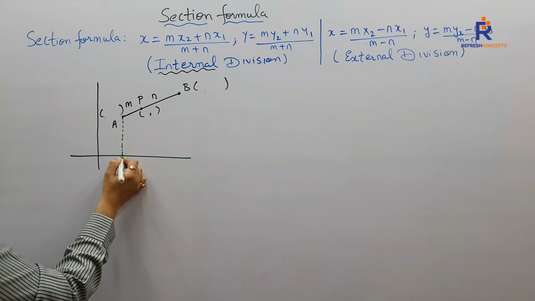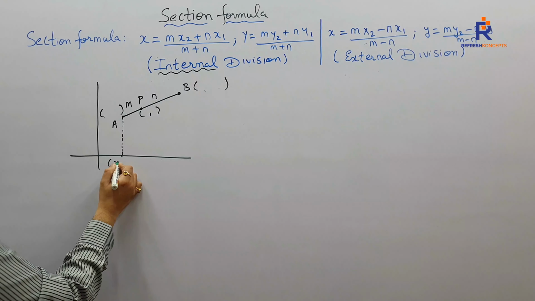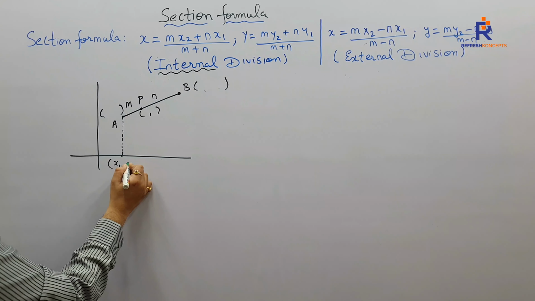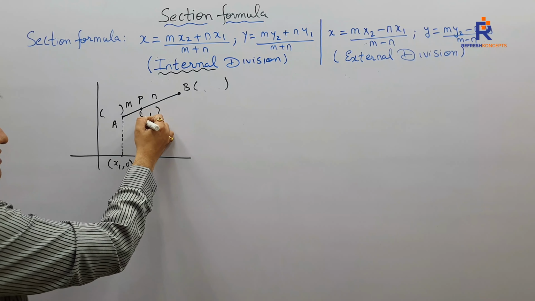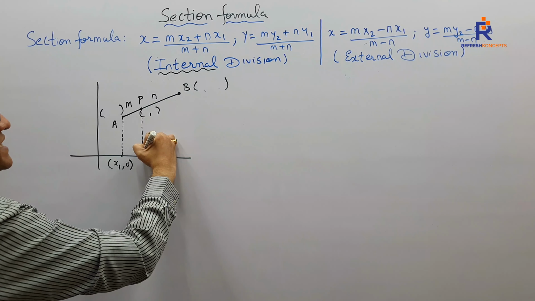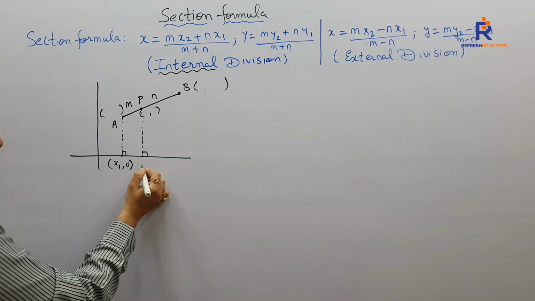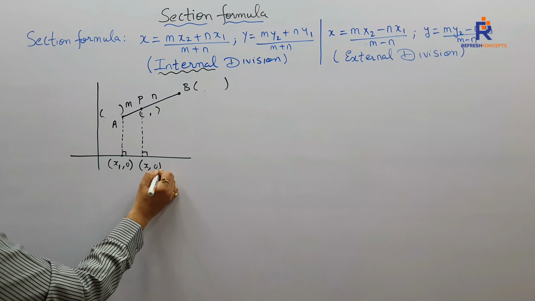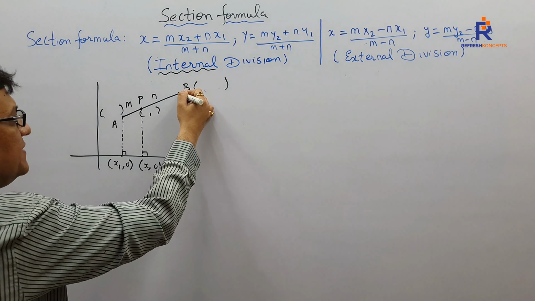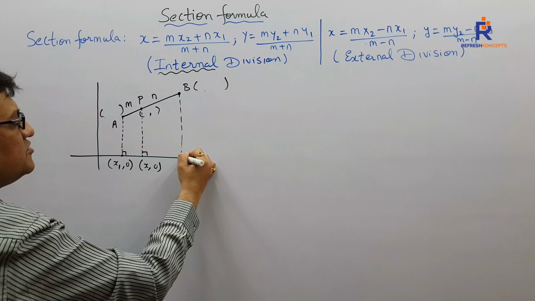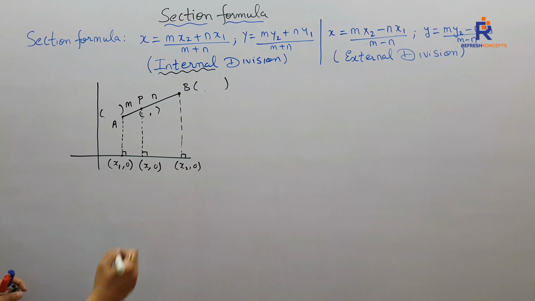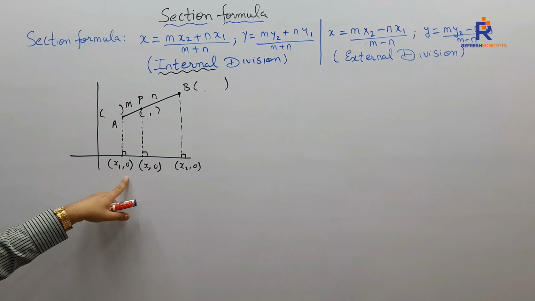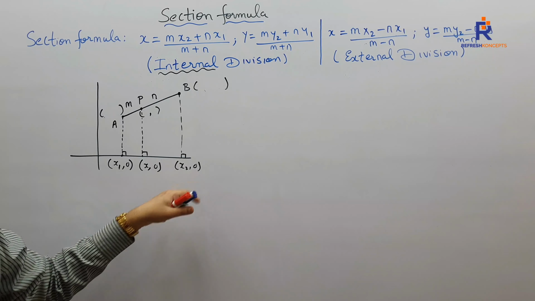This is going to be my x1, comma, since it is lying on the x-axis, the y coordinate will be 0. Let me draw a perpendicular. This is x comma 0, and let me draw a perpendicular here also. It is going to be x2 comma 0.